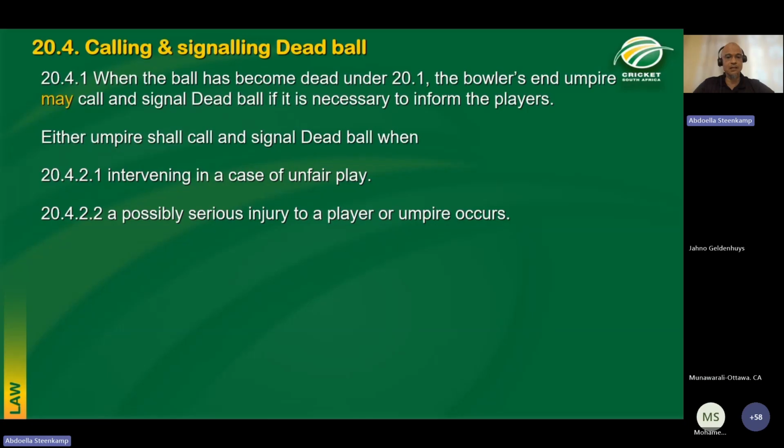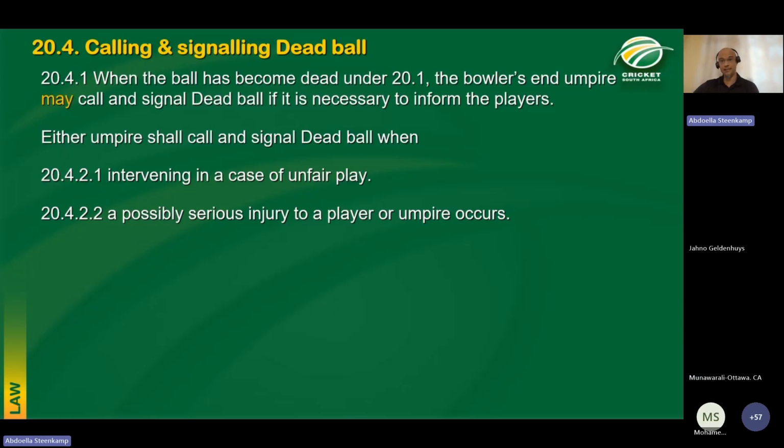If there is a serious injury to a player or an umpire, call and signal dead ball immediately. And the emphasis is on serious injury to a player or an umpire. It's a judgment call that you need to make. You need to look at the injury and make that judgment call.